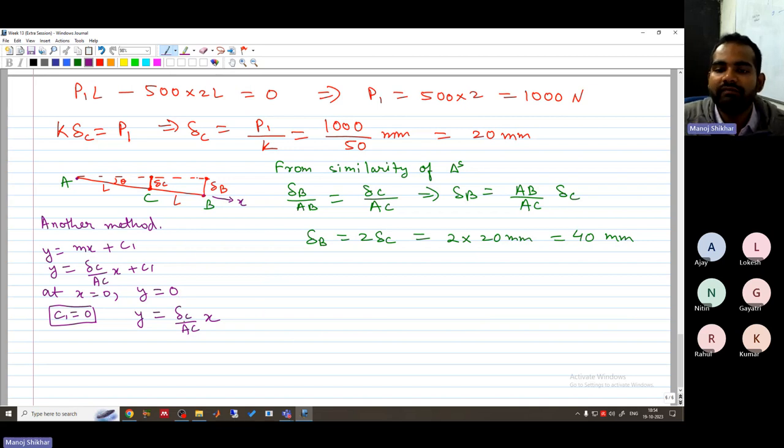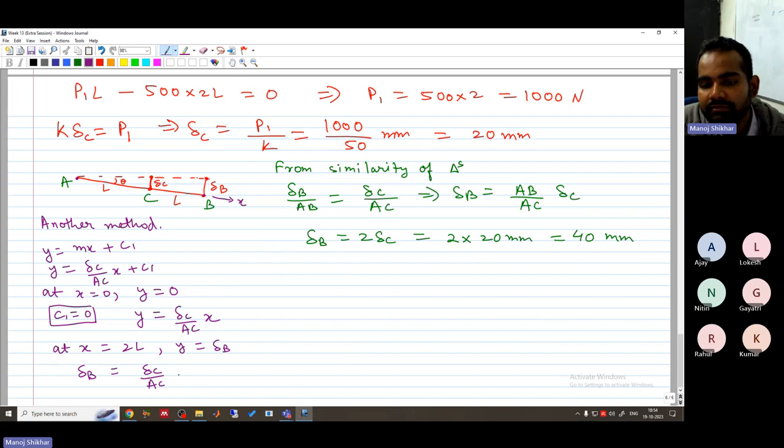Now you have to find the deflection at B. So B is at x equal to 2L. So at x equal to 2L, y equal to delta B. So put it there. Delta B equal to delta C upon AC into 2L. Or basically this length is AB, right? This is AB.